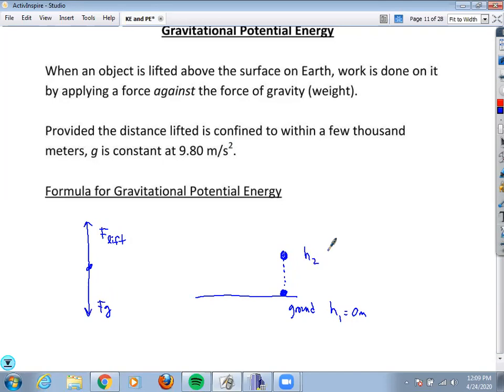Now, obviously, h2 is going to be greater than 0 meters, because it's above the ground. So essentially, then, by lifting the object from the ground to a height, we move the delta d. The delta d would be h2 minus h1, and if h1 is 0, the delta d would equal the height above the ground. Or we could simply just call it height.